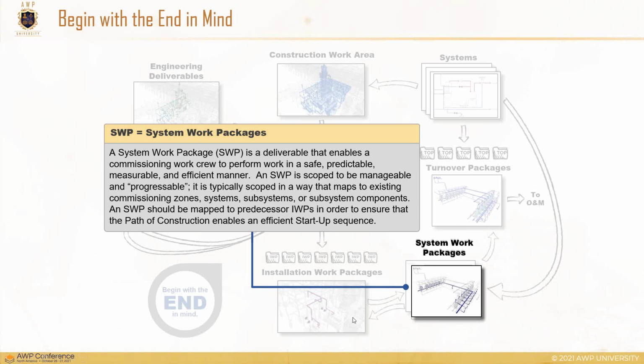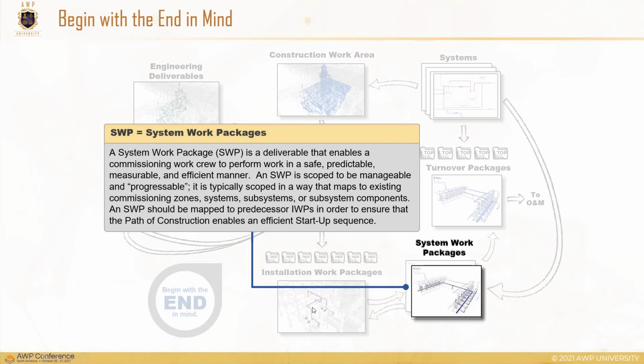And they are mapped on a many to one, so many IWPs to one system work package, or many portions, I should say, of IWPs, because it's never all of an IWP that is within a system work package. Sometimes it is, but generally they can't cross those boundaries. But we do a web mapping, meaning that this system work package requires these 10 IWPs' completion for it to be completed.